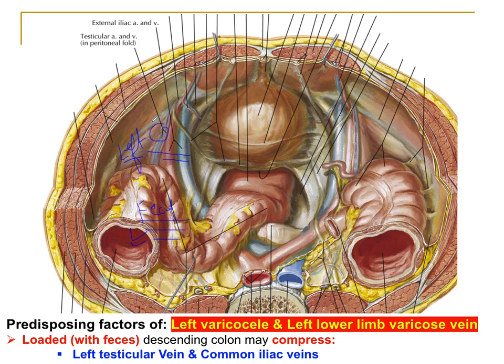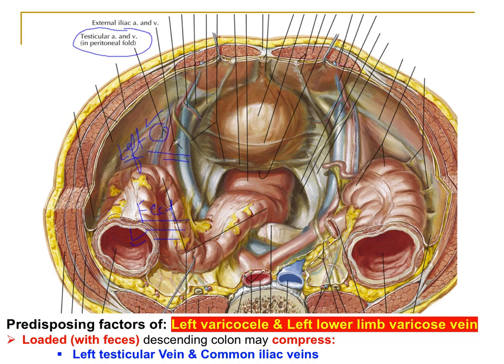Because of that, left varicocele is quite common. So this is also one of the predisposing factors, the compression of the left testicular artery and vein, which may cause the left varicocele.